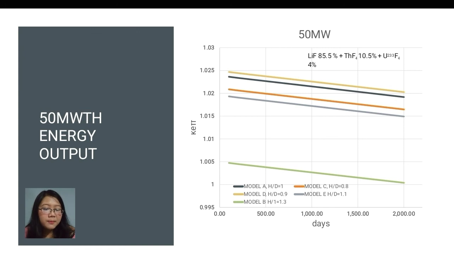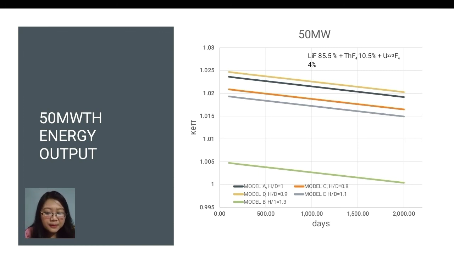It reached 1.005 on multiplication factor, and it gradually decreases until not so far from 1.005. It means that it has less excess reactivity.